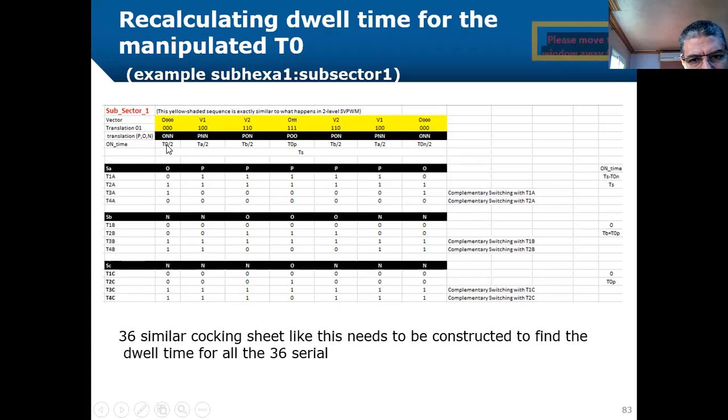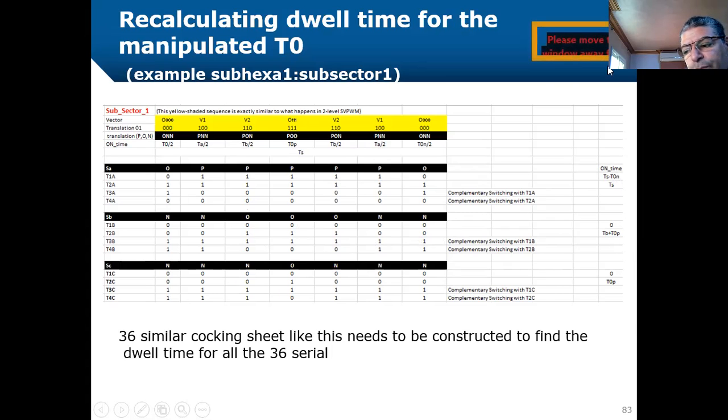This is T0N, T0N. So if we want to calculate the dwell time, for example, this one is not simply Ts minus T0 by 2, but it is Ts minus T0N. And similarly, this one, if you calculate, you will find that it is TB by 2 plus TB by 2 is TB, and T0B, T0B.